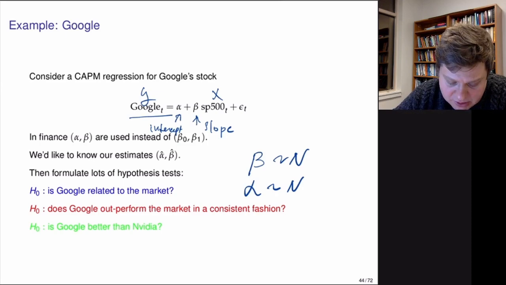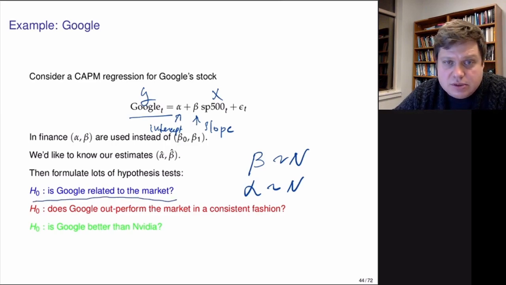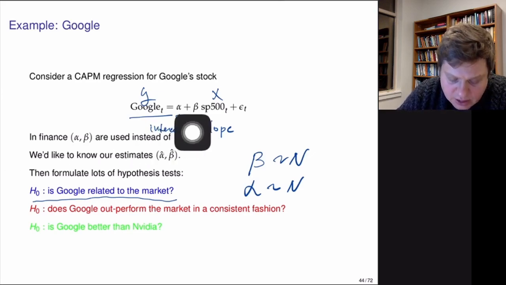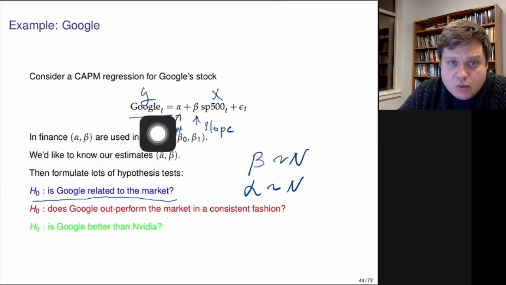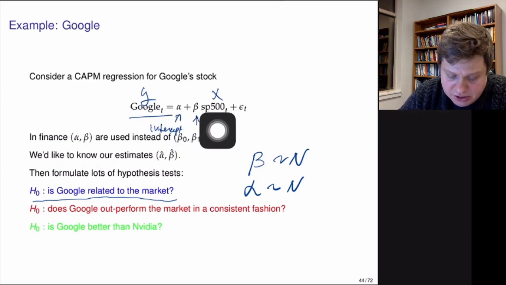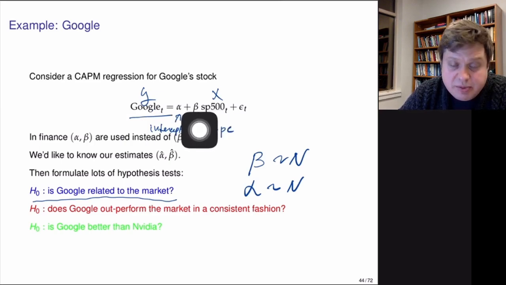One of the hypothesis tests, for example, is: is Google related to the market? So let's think how this hypothesis test can be written in terms of the coefficients beta and alpha. Coefficient beta is the coefficient that tells us how much of a change in Google we see when the S&P 500 changes. So if they are related to each other, then we should expect beta to be a non-zero value, right?